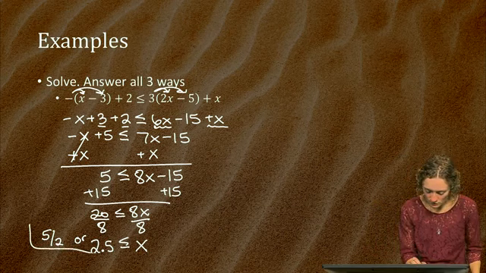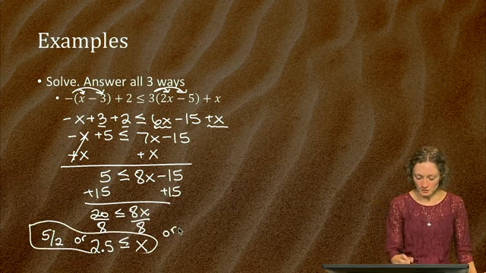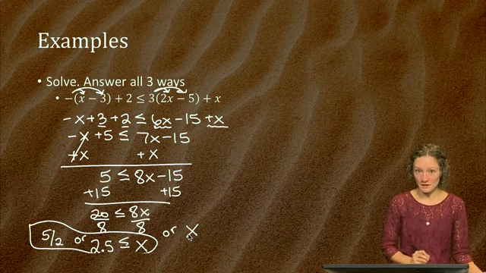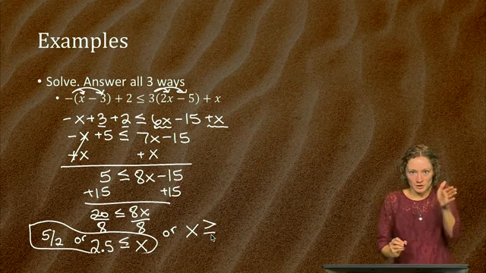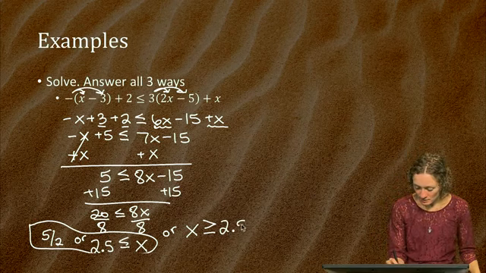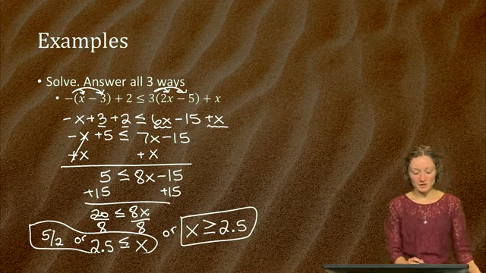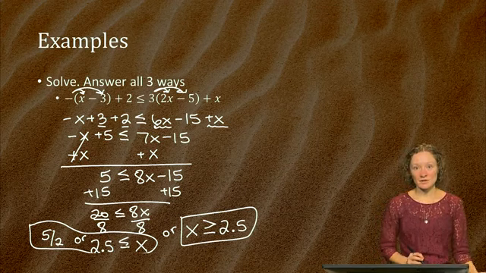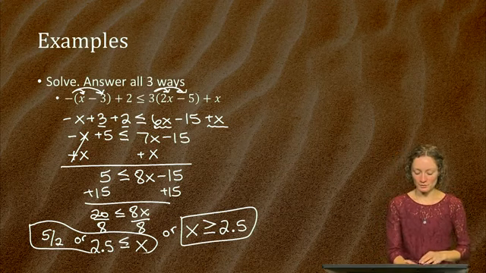So this is one way to write it. Now you may have also solved and come up with, if you had the variable on the left-hand side, kind of the reversed, a mirror image of the solution that I got. But it still says the same thing. The version I came up with says 2.5 is less than or equal to x, which means x is bigger than 2.5 or equal to.